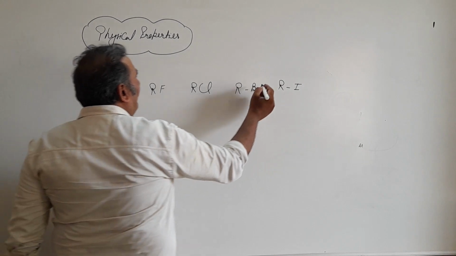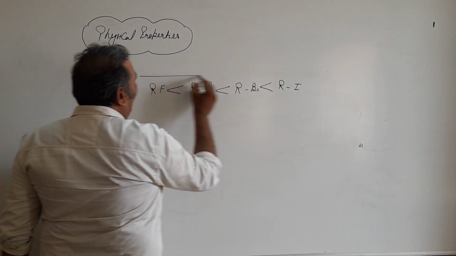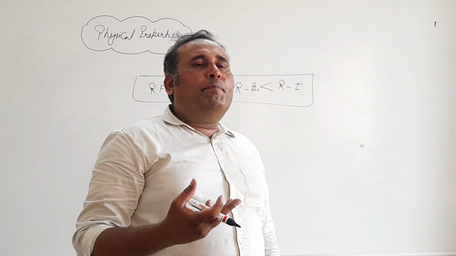So we can say the boiling point of RI is greater than RBr, then RCl, and at last RF.